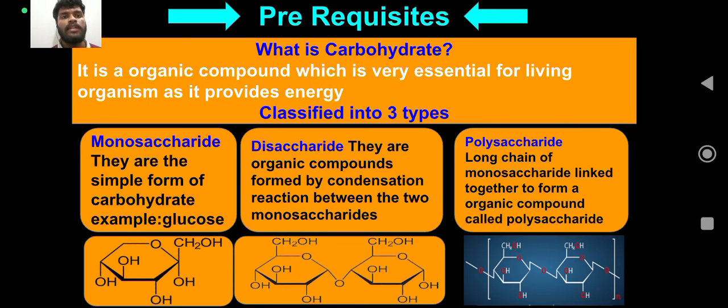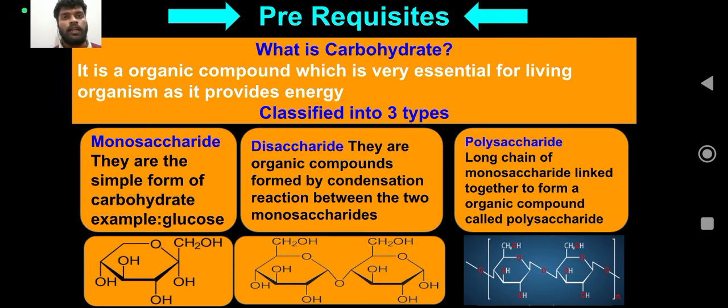The structure of maltose is given, where two glucose molecules combine to form one molecule of maltose, and one molecule of water is eliminated. The bond that is formed between these two glucose molecules is the glycosidic bond.